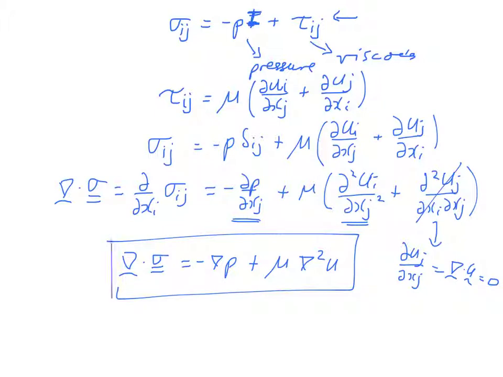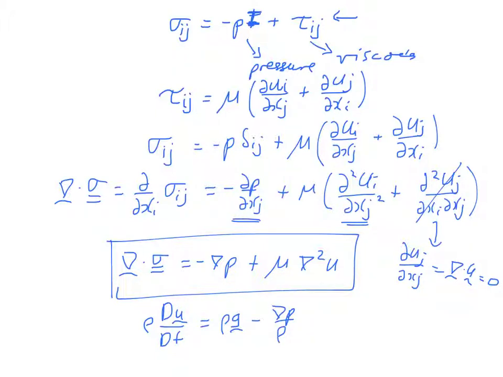So we apply this to our formula that we had before, where we had a rho du dt, and that equals rho g on the right hand side minus grad p.